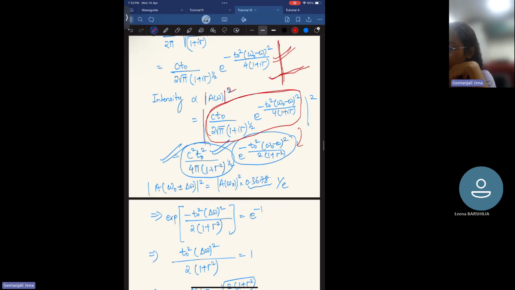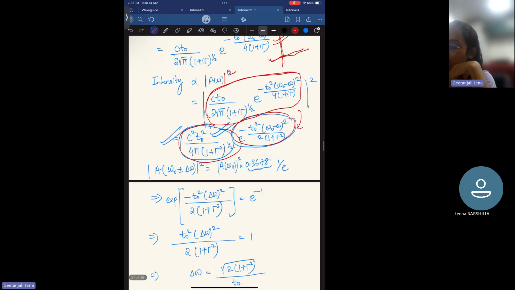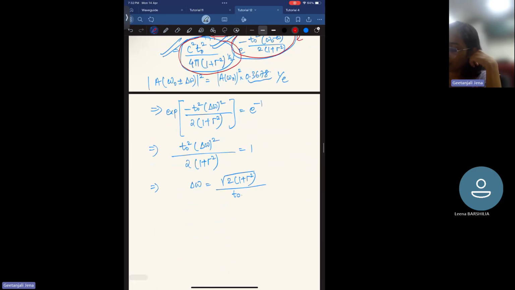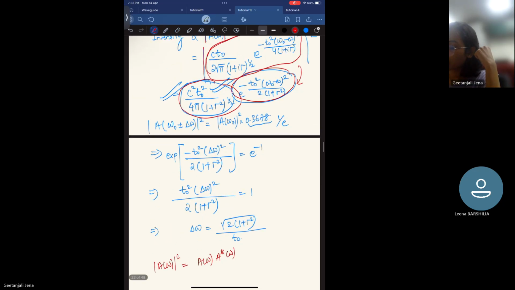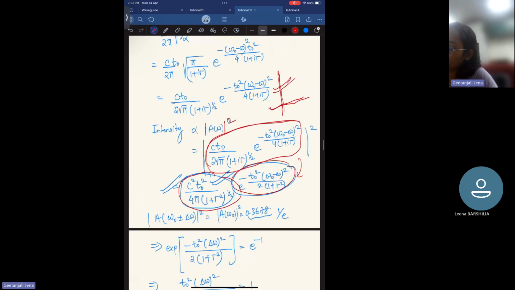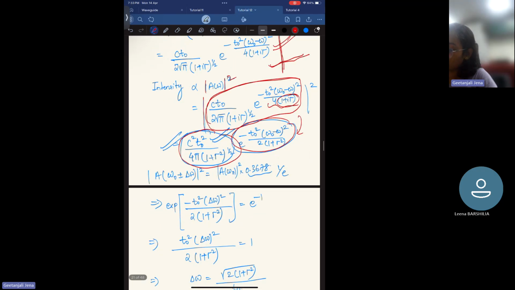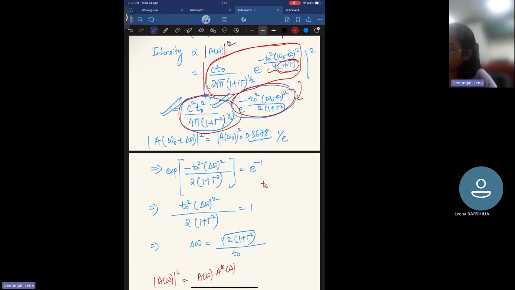This is the final expression that I have directly written down, but you can get it by taking A of omega square, which is nothing but A of omega times A star of omega, right? So for the exponential part, you can see there is a 1 plus i gamma here. So you can multiply by 1 minus i gamma.